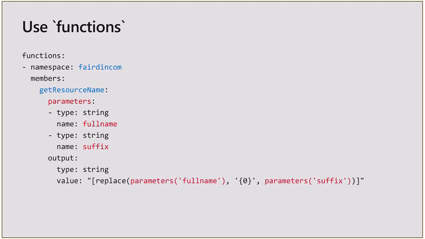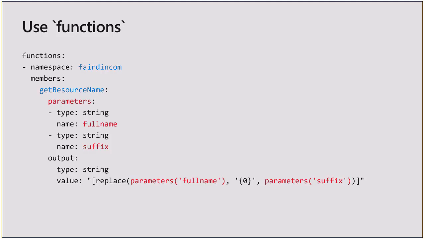Output is basically the return value. The parameters here are not the same as ARM template parameters, so we cannot use the ARM template parameters here. Instead, we use the function parameters. Even though the name is the same, the parameter here represents the function parameter.